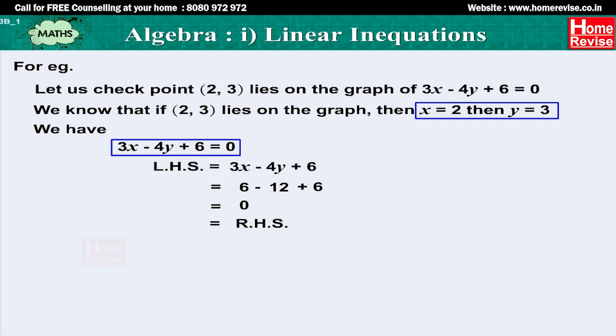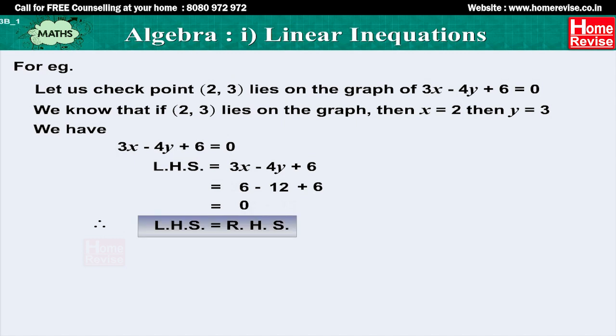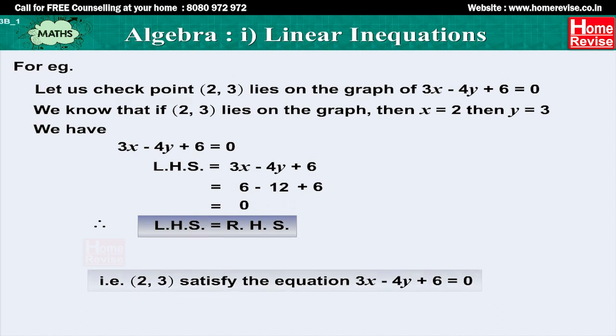So, by substituting the values of x and y, we get 0, which is equal to RHS. Therefore, LHS is equal to RHS. That is, (2, 3) satisfies the equation 3x - 4y + 6 = 0.